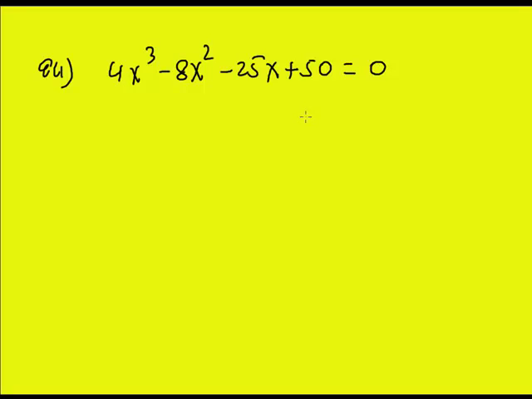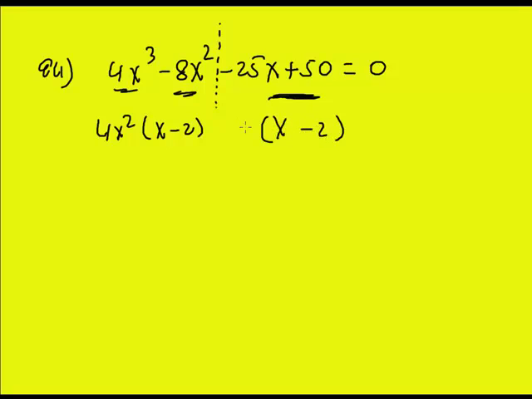Otherwise you have to go p over q's. So, we're going to try to cut it in half and pray. Hopefully I can factor out something from both of these, which is 4x squared. That will leave me with x minus 2. If I can get x minus 2 out of this, I'm in good shape. And I can. What I need to factor out is negative 25.